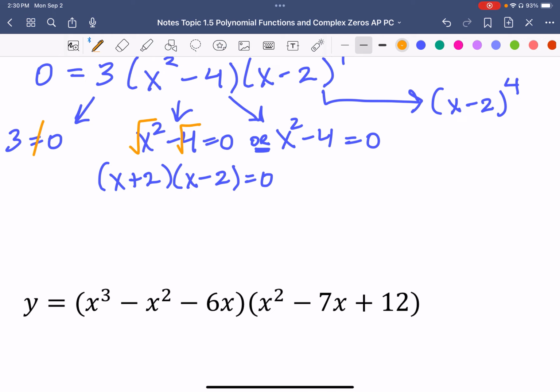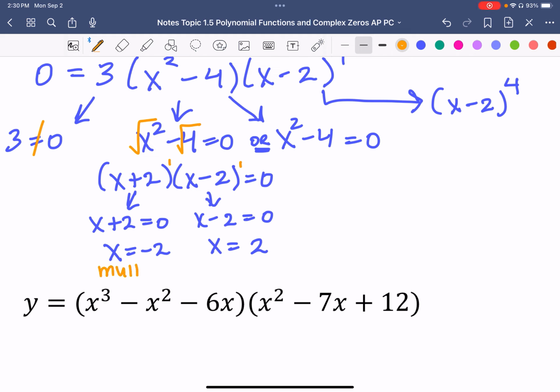Because the square root of x squared would be just x, and then the square root of 4 is plus or minus 2. So then from here, you would do the process again where you separate the factors and set them equal to 0, and then you get x equals negative 2 and x equals positive 2. And from these factors, I had a degree of 1, so that means that each of these would have a multiplicity of 1. Okay, so that's one way.